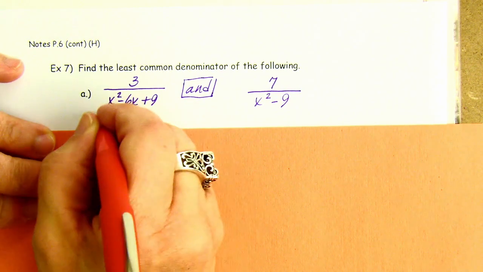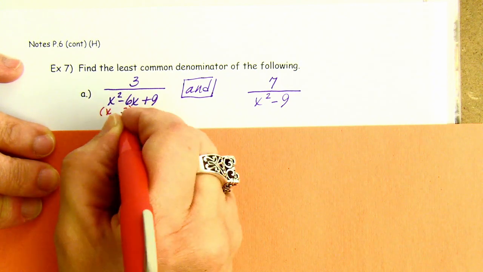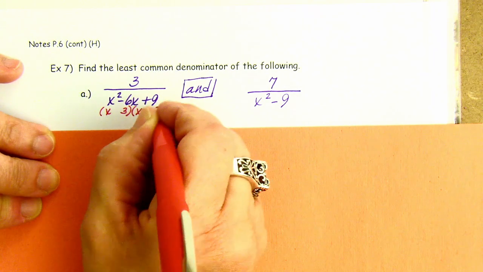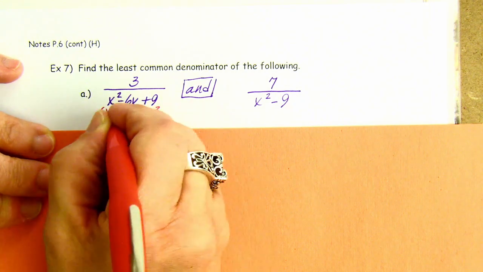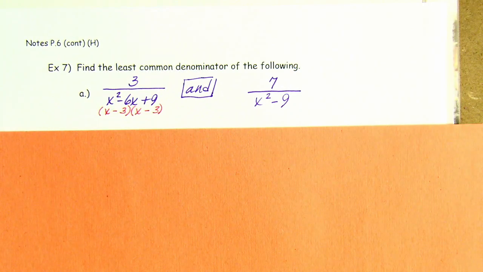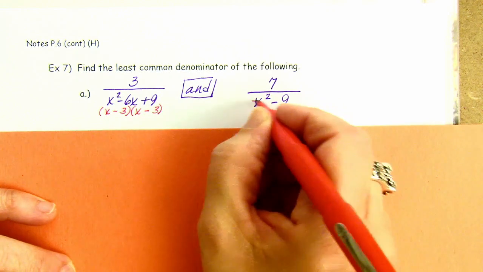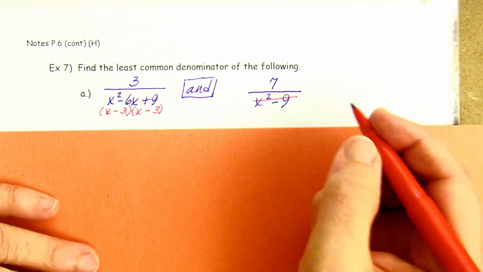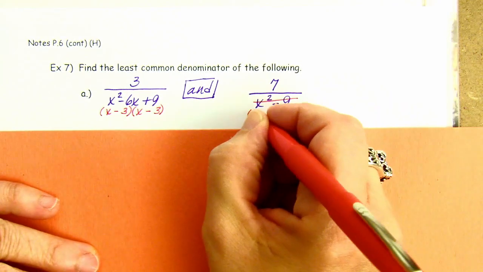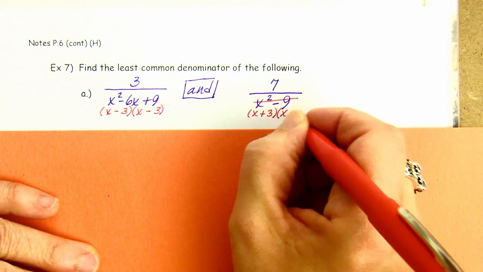Oh, this is a perfect square trinomial. x, 3, x, 3, signs are the same. They're both negative. So I've got x minus 3 times itself, x minus 3. Over here, x squared subtract 9 is the difference of two squares, or you know them as dots. That's going to factor as x plus 3 multiplied with quantity x subtract 3.